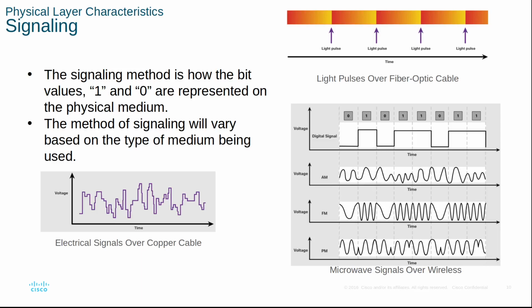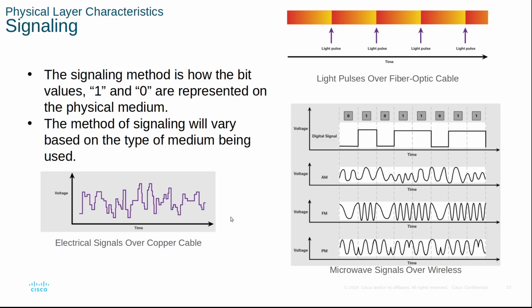Signaling is how the bit values 1 and 0 are represented on the medium. So the method of signaling varies based on what type of medium you're using. For example, if you're using fiber optic, you're using pulses of light. If you're using wireless, you're using microwave signals.